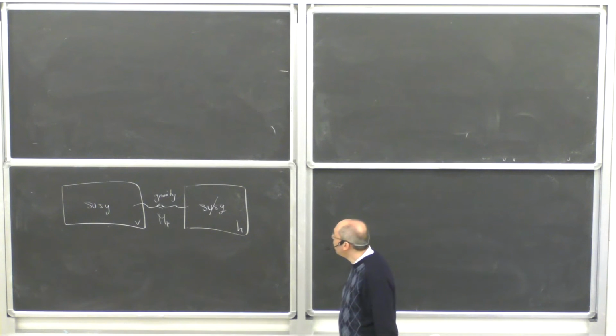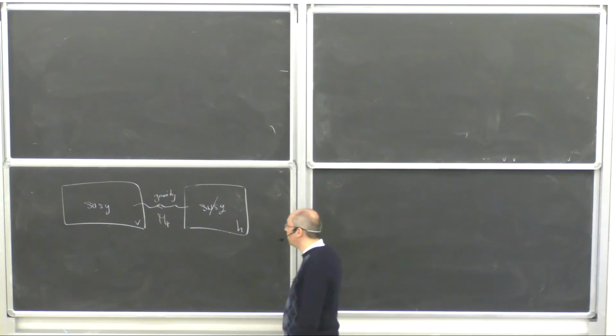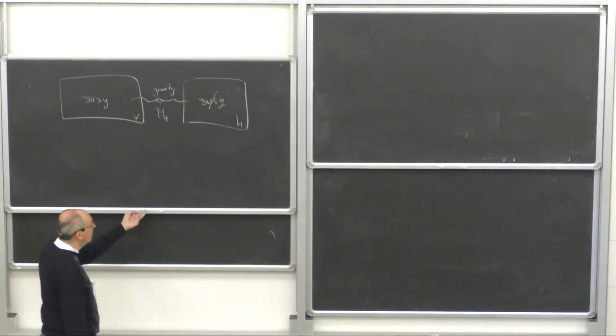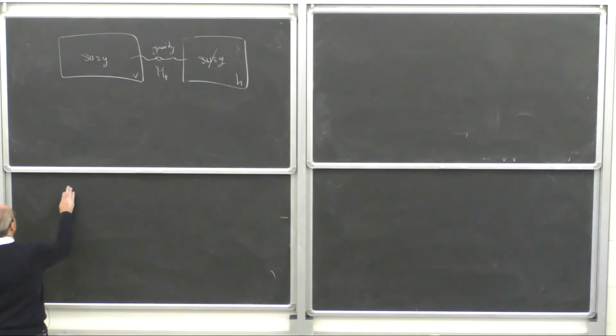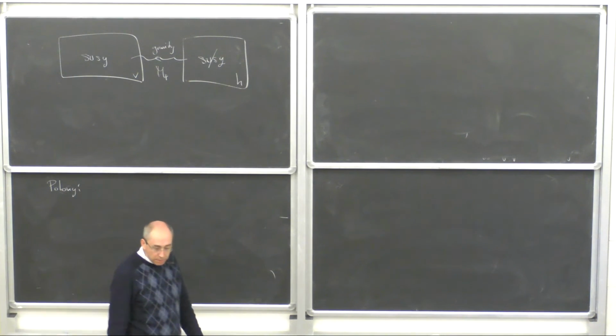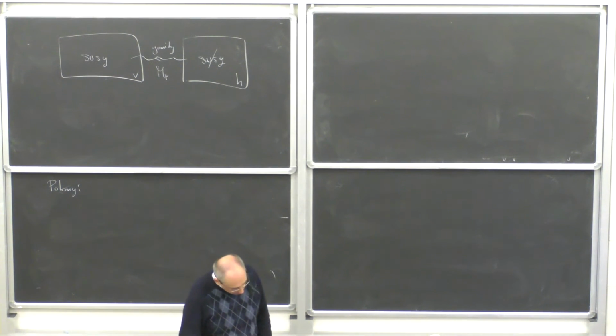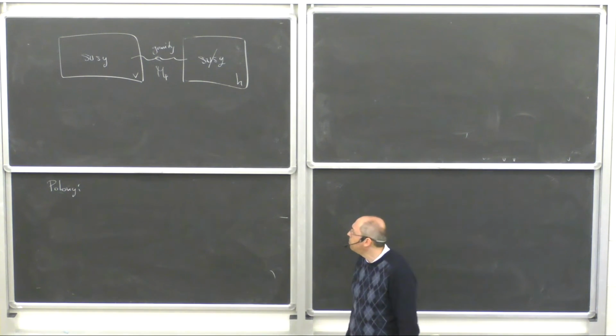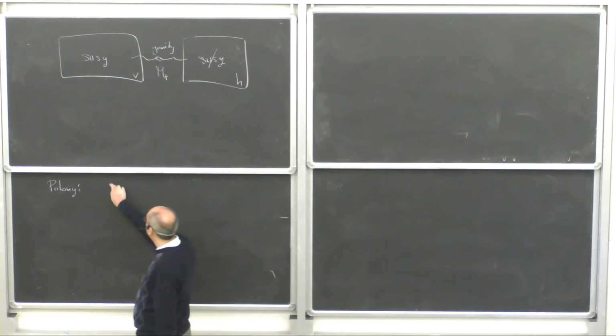Now, one way to show this is by means of a very simple model, which is called the Polonyi model, an interesting model that was cooked up by Polonyi and was never published. It's in a preprint that has never been published. The model is very simple.